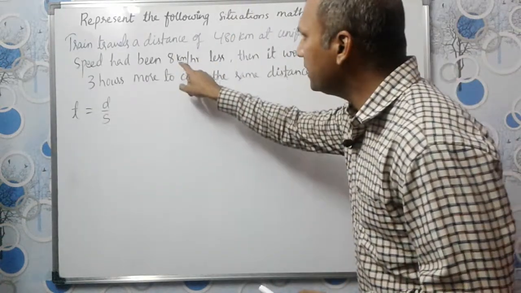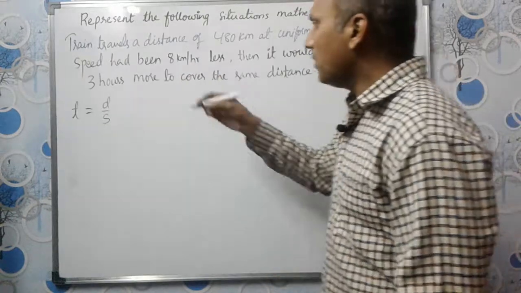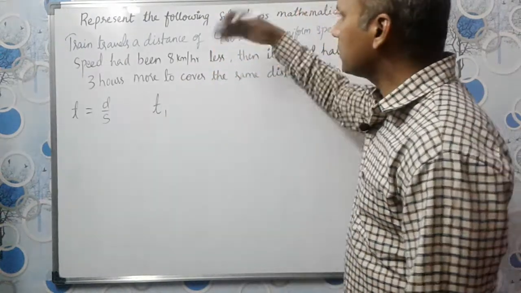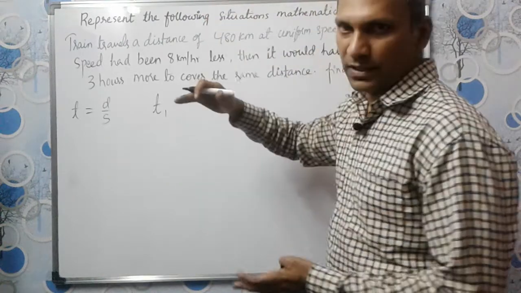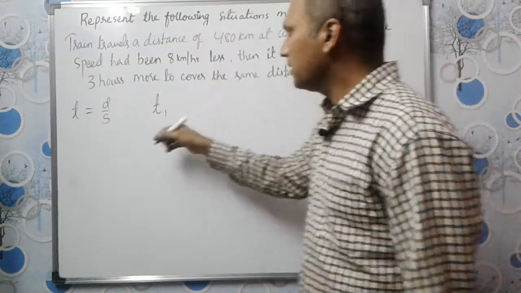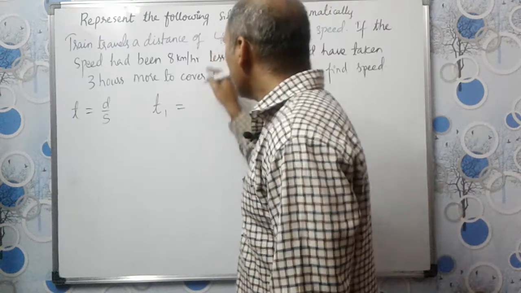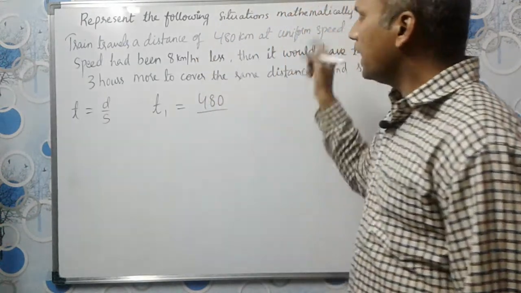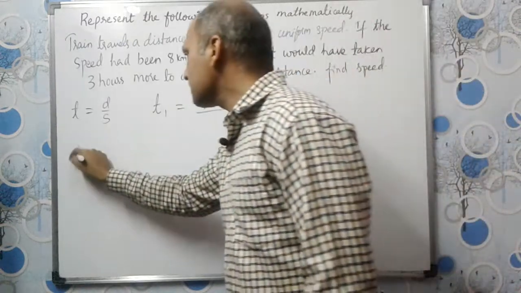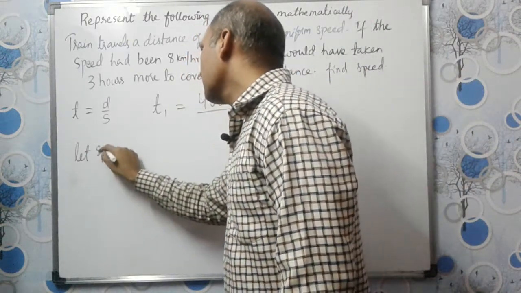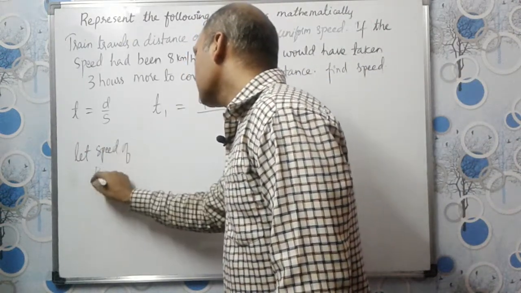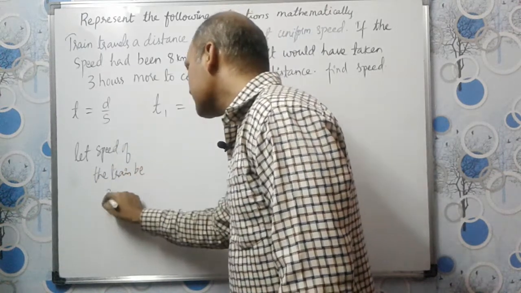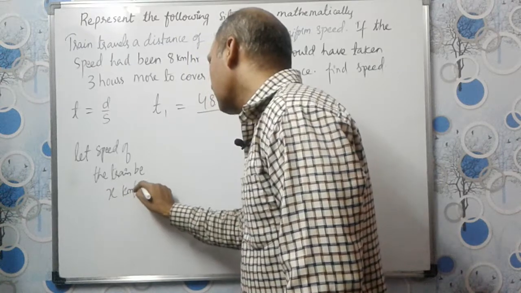Let the original time, before the speed is decreased, be t1. What is the distance it is covering? It is covering 480 kilometers. And what is the speed? Let the speed of the train be x kilometers per hour.